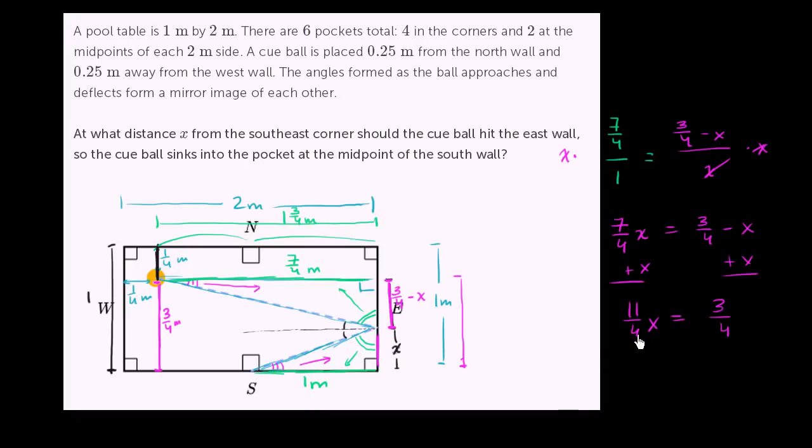And now to solve for x, we can multiply both sides times the reciprocal of its coefficient, so times 4/11. This is going to give us that x is equal to 3/11 of a meter. So if we hit 3/11 of a meter above the southeast corner of this wall, then we should hit this pocket right over here.